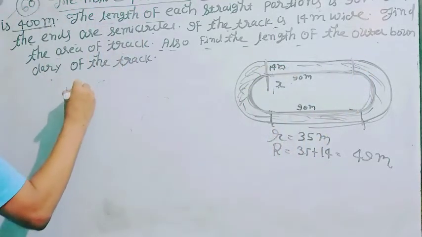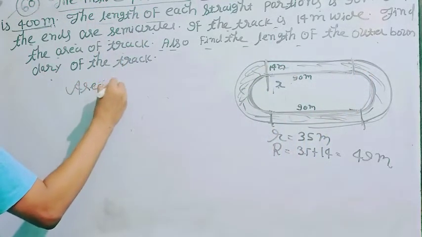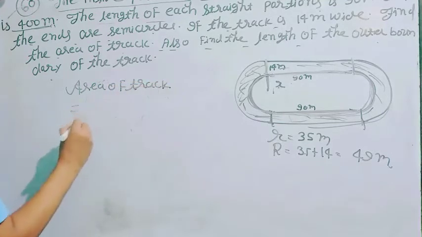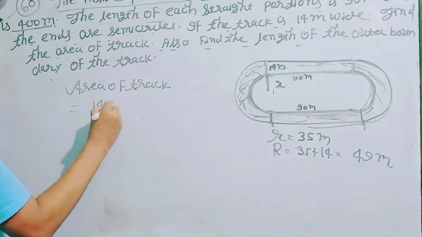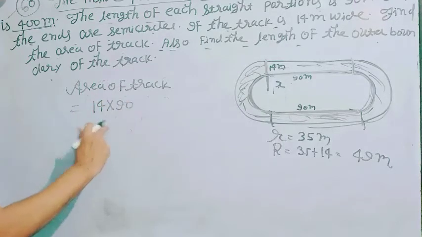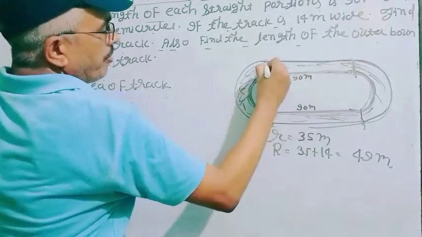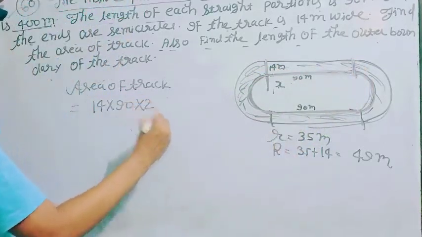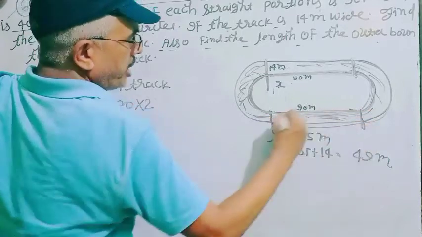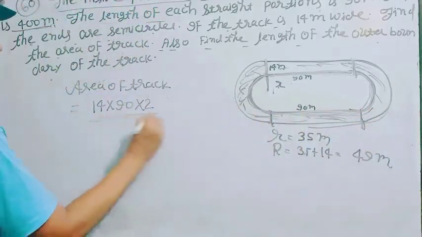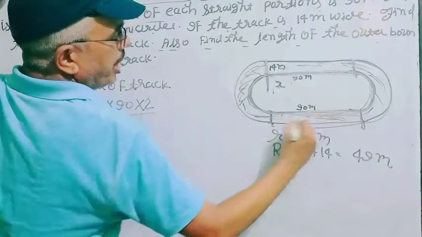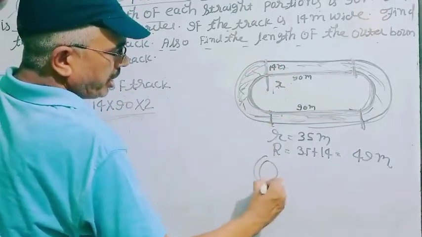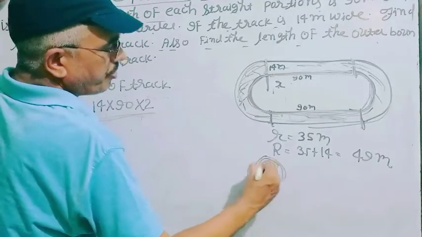So area of track is equal to 14 into 90, that is the area of this rectangle. Breadth is 14 and length is 90, and there are two rectangles. Then the other parts, this portion and this portion, form a ring.